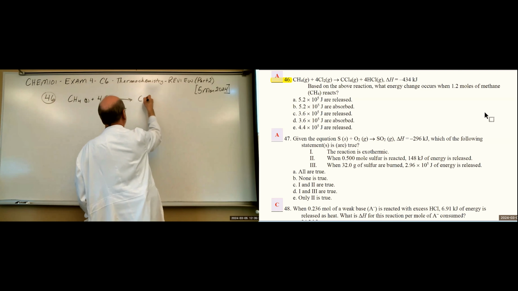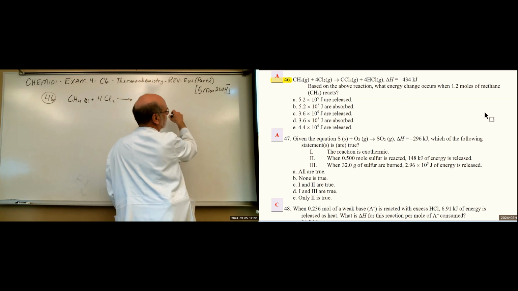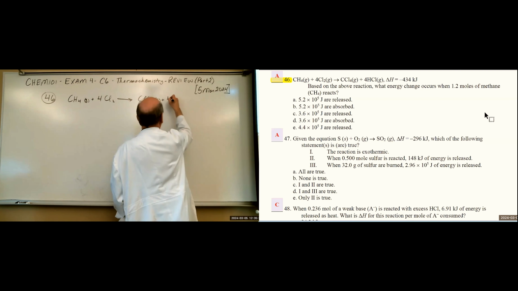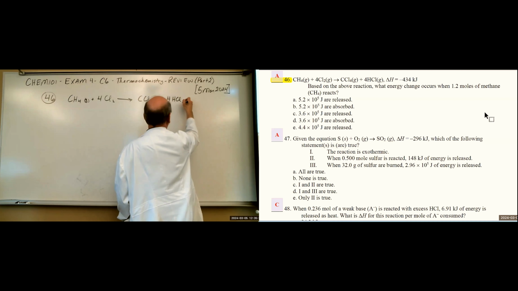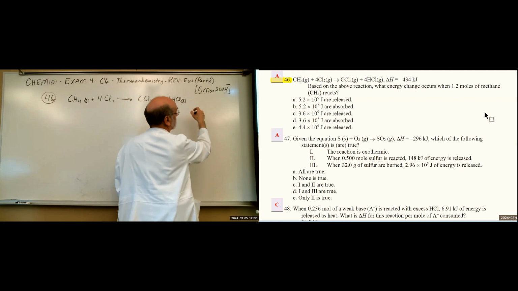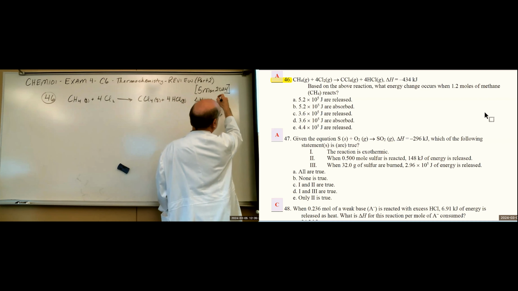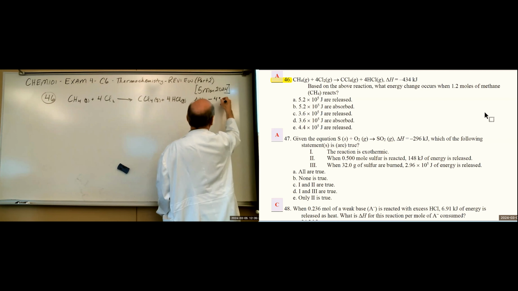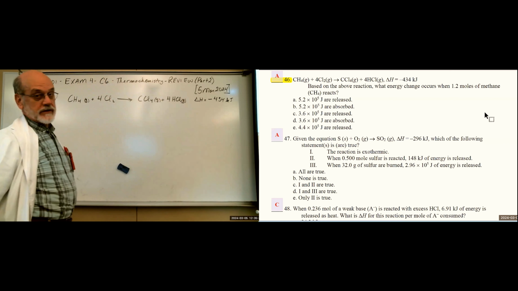And HCl. Is that aqueous? I think yes. Well, that's hydrogen chloride. And the delta H for this is negative 434 kilojoules. That is a very energetic reaction.